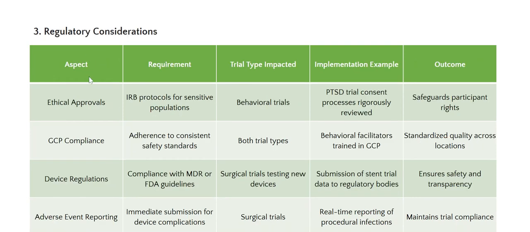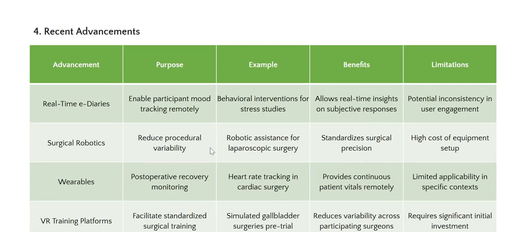Table on regulatory considerations: aspect, requirement, trial type impacted, implementation example, and then outcome. Aspects, we have ethical approvals, GCP good clinical practice compliance, device regulations, adverse event reporting, and registry inclusion. We have a table on recent advancements: the advancement, the purpose, the example, benefits, limitations.